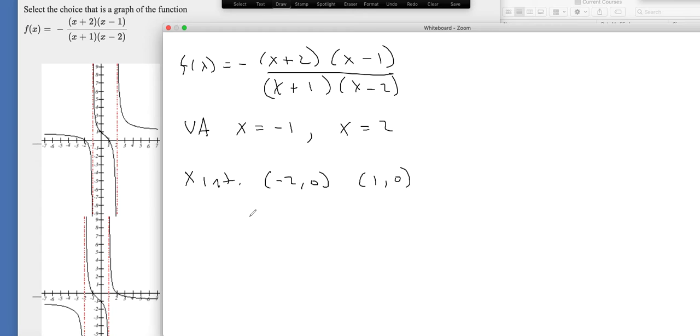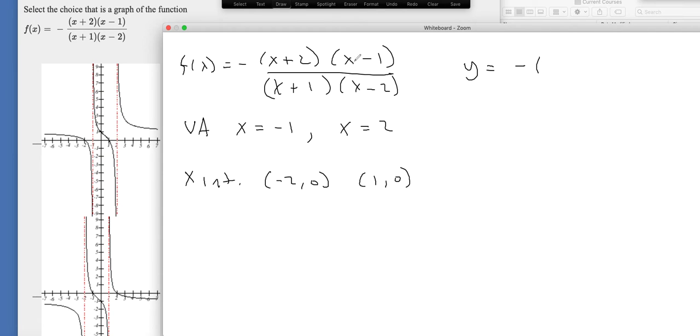And then the other thing that might be handy here is maybe grabbing a Y-intercept. So let's grab that real quick. For a Y-intercept, that means that the x's are 0 and we're solving for this side. So let me write that instead of f of x as y. And that's going to be a negative right there.